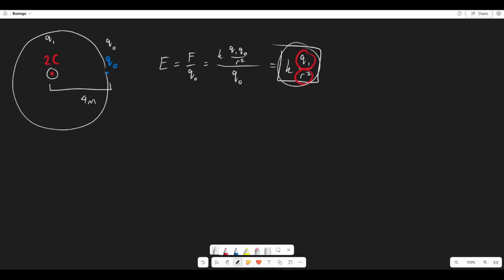In this instance, since the particle is of charge 2 coulombs and of distance 4 meters, we can plug in E equals K Q1 divided by R squared equals 8.988 times 10 to the 9 newton meters squared per coulomb squared times the charge 2 coulombs divided by the distance 4 meters squared.